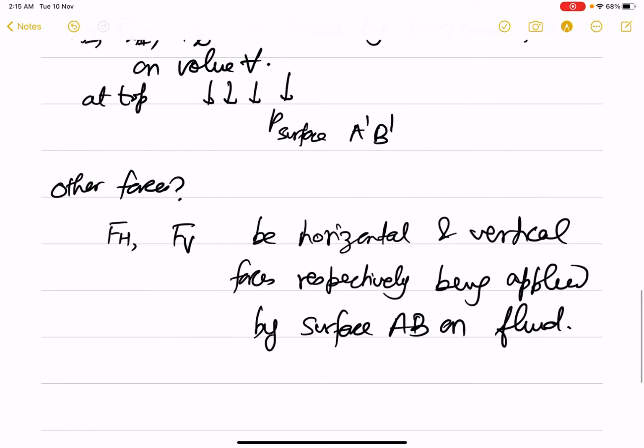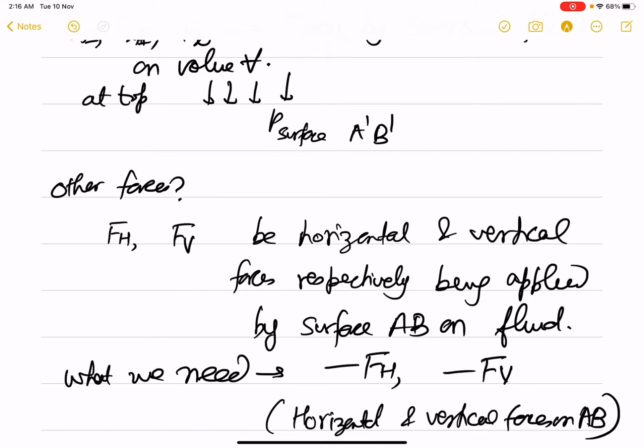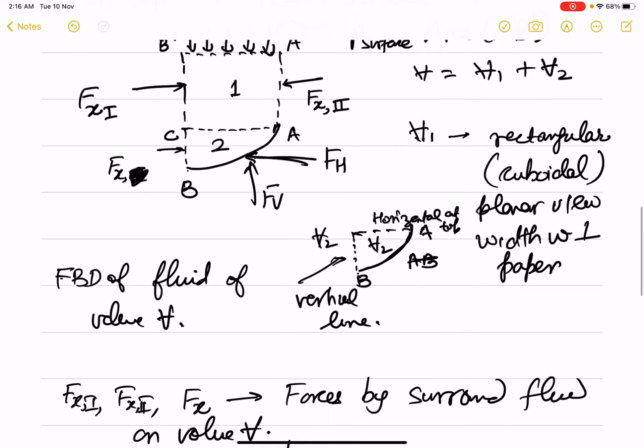And actually what we need as the answer to this problem are minus FH and minus FV. These will be the horizontal and vertical forces on AB. So this is what we are looking for.